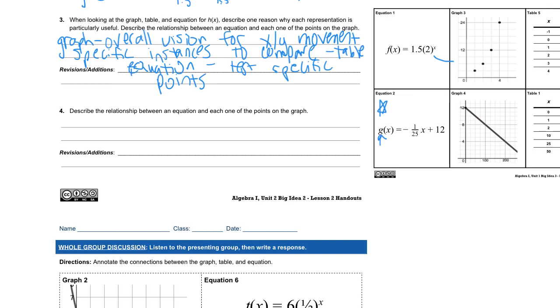It's a visual representation of what the equation should look like. Okay? They're the same thing. The equation will give you the ability to plot more points in case you need to. One's visual and one's algebraic. That's the only difference between these two.